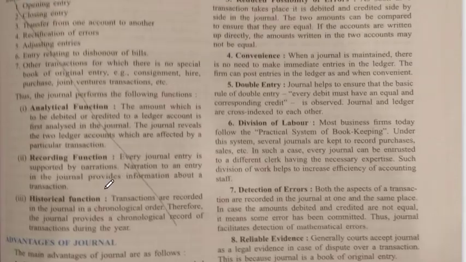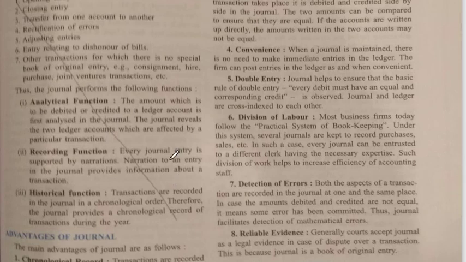First, analytical function. The amount which is to be debited or credited to a ledger account is first analyzed in the journal. The journal reveals the two ledger accounts which are affected by a particular transaction.